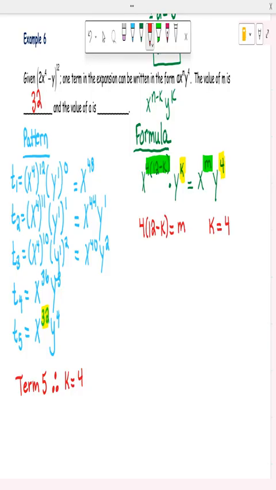That's what you learned from using the formula. So therefore you can go 4 times 12 minus what? Do I know what k is now? Yeah, so 12 minus 4 equals m, 4 times 8. So therefore m equals 32.